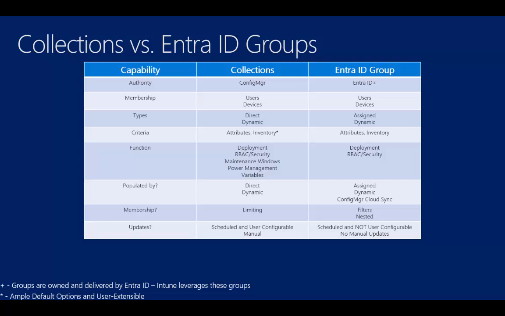If we look at the criteria for collections, then we have a whole slew of attributes, a ton of inventory, right? Tons of default options and user extensible options, and really the sky's the limit with collections.